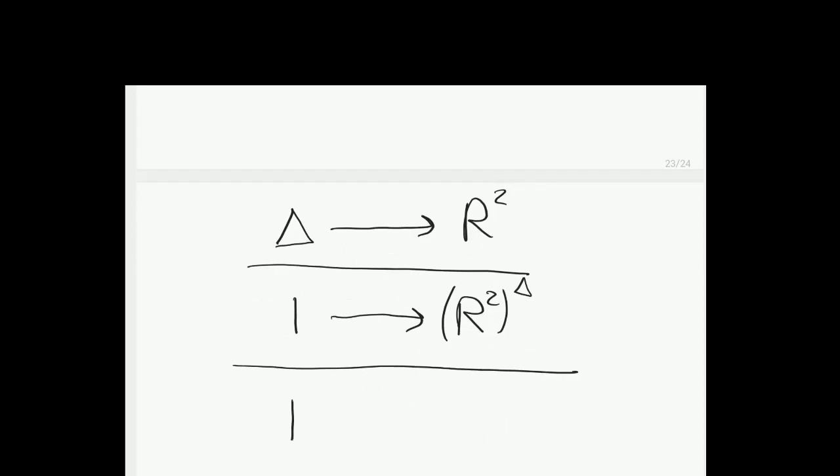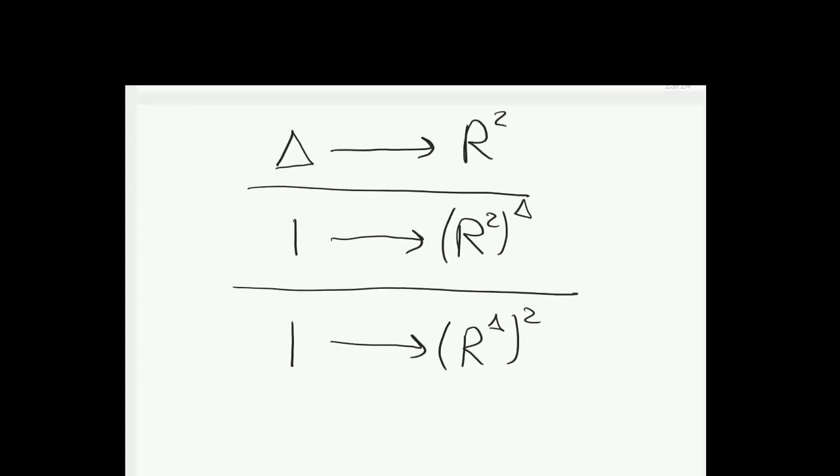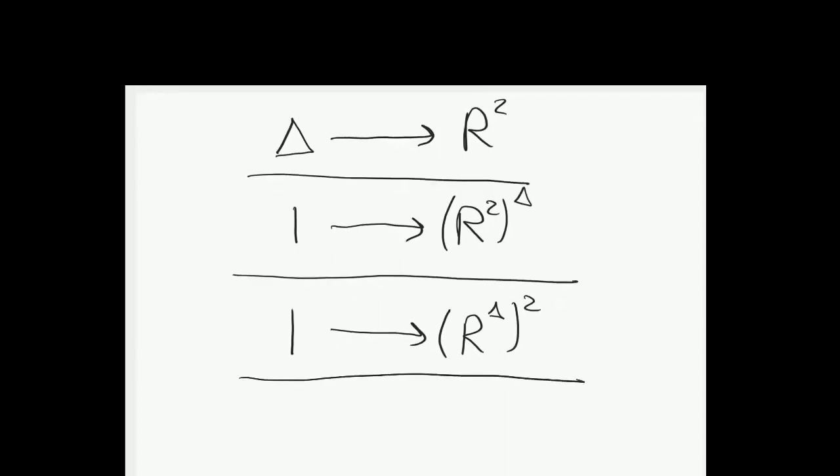Now it turns out that we can alternatively write what's on the right hand side as R to the power of delta, all squared. And now we can apply the isomorphism that I was just talking about to rewrite this as R times R, all squared, which is basically just R to the power of 4.